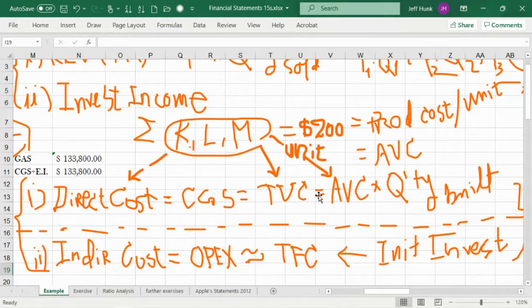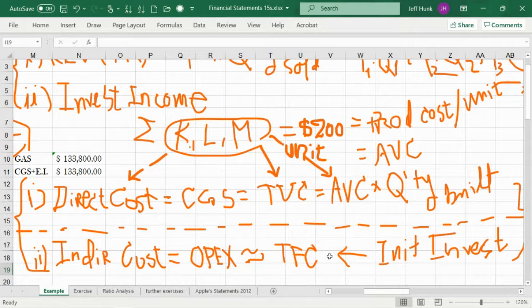If the direct cost is $2 million, and we divide it by 10,000 units, we still arrive at $200. Of course, because $200 is the unit production cost.